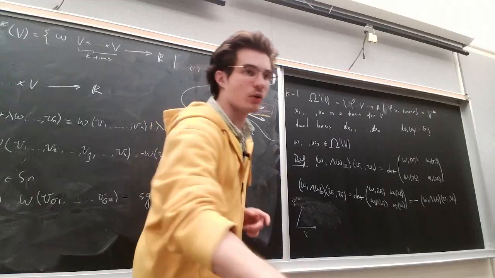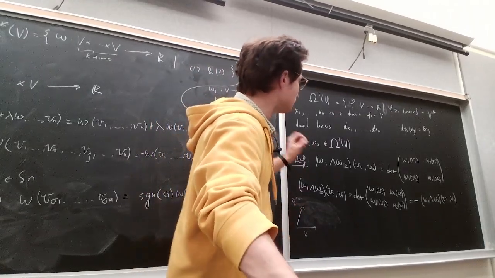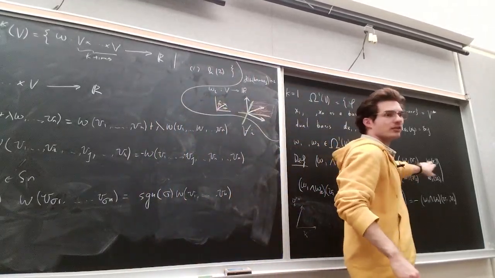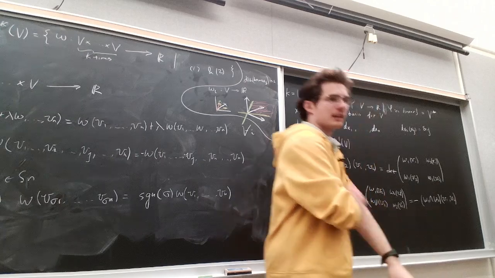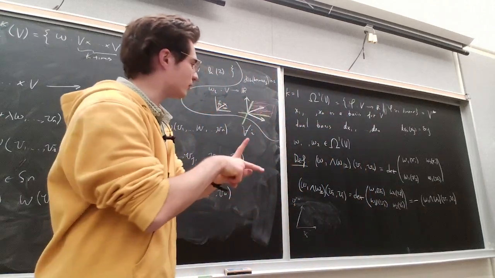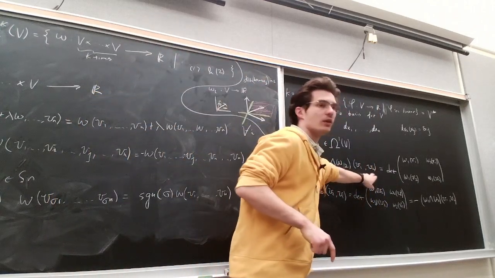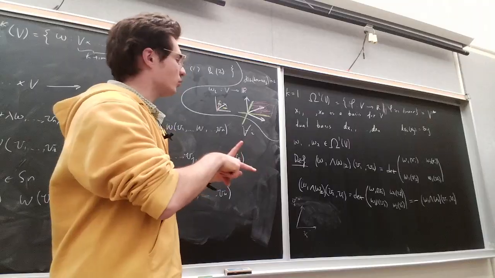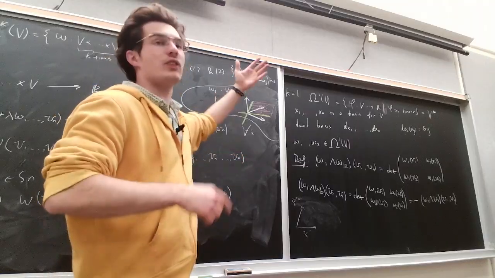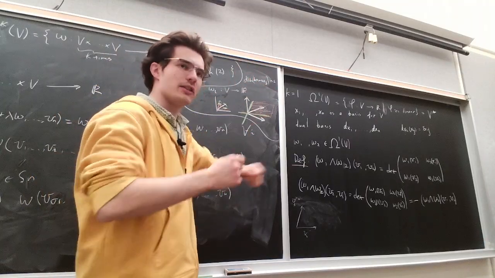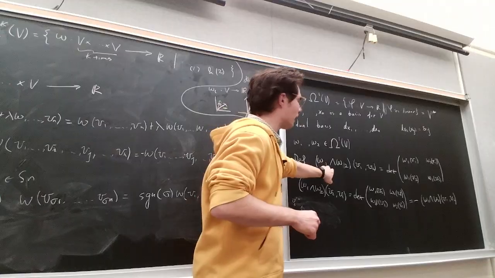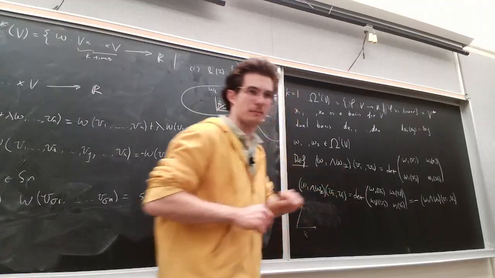This is the additional step that omega introduces: I'm not just computing the volume of the vectors v1, v2, I'm computing the volume after I project them onto some plane, and this plane is determined by what omega 1 and omega 2 are.